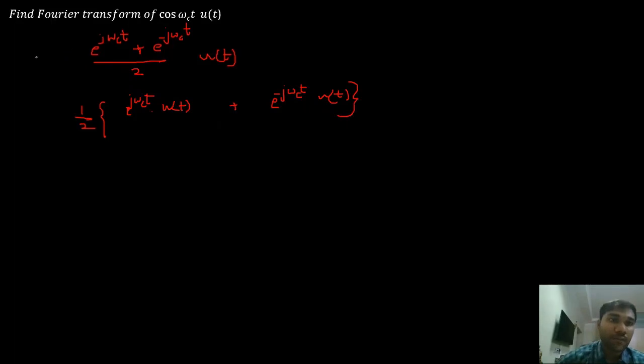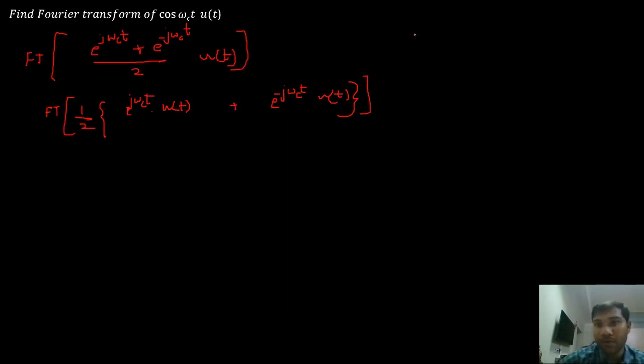Now I have to take the Fourier transform for this signal here. So I'll do the same thing. I'll take the Fourier transform for this signal. So what can I do? I can separate the Fourier transforms, or let me just do the Fourier transform of this whole thing, right?